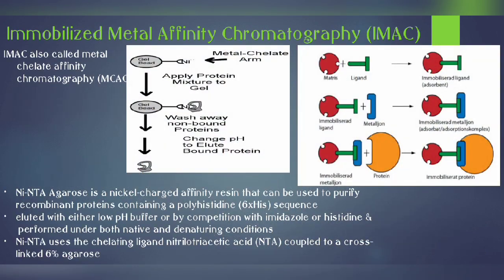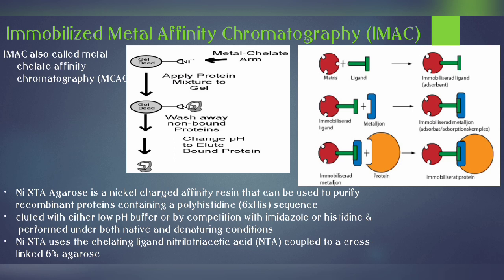Then in immobilized metal affinity chromatography, we can see clearly in this picture: first the ligand is bound to the matrix, and then a metal ion is fixed in the ligand. One example of immobilized metal affinity chromatography is nickel NTA affinity chromatography. A ligand is bound to the gel bead, and in the ligand a Ni metal ion is fixed.